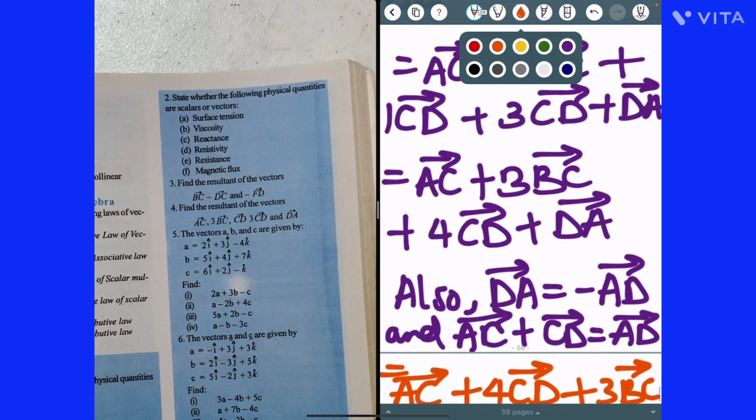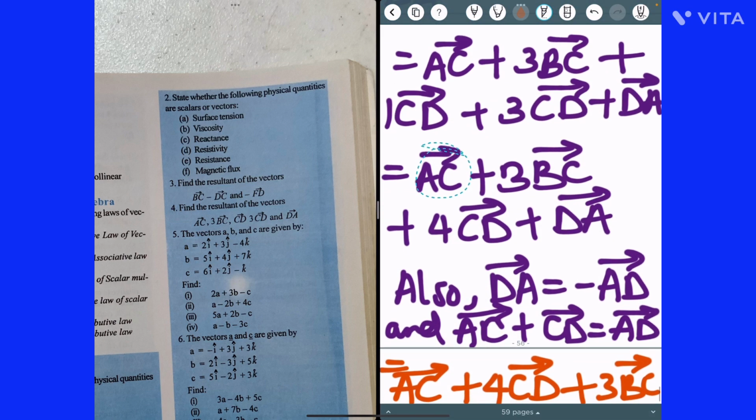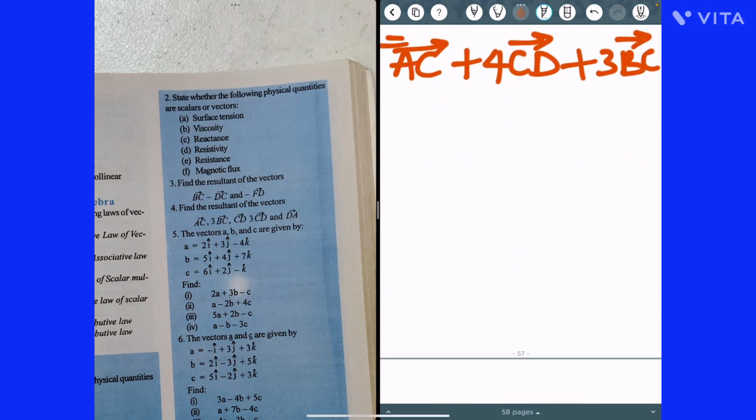It's supposed to be AC plus 4CD plus 3BC plus DA, but instead of plus DA, I'll write minus AD. Is that clear? Because DA is the same thing as minus AD. So let's go ahead and make that adjustment. So my last vector here will be minus AD instead of writing this.